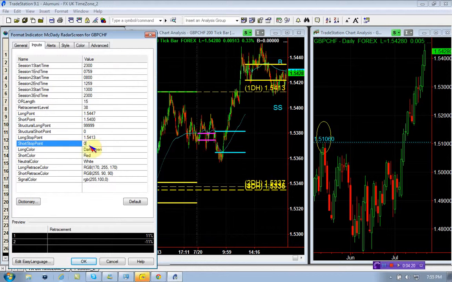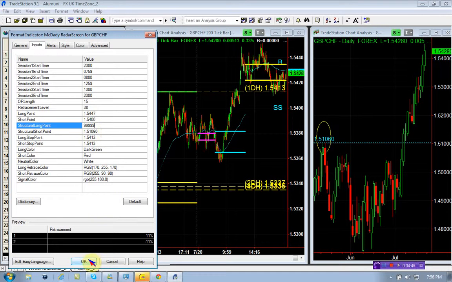My stop is also the 154.13, so I'm not going to give it much room. My structure short point is way down there. And this is one of the things that comforts you in the trade, that when it breaks above a structured point and explodes to the upside, that means you have an impulse wave or a momentum wave. That's the definition of a trend.